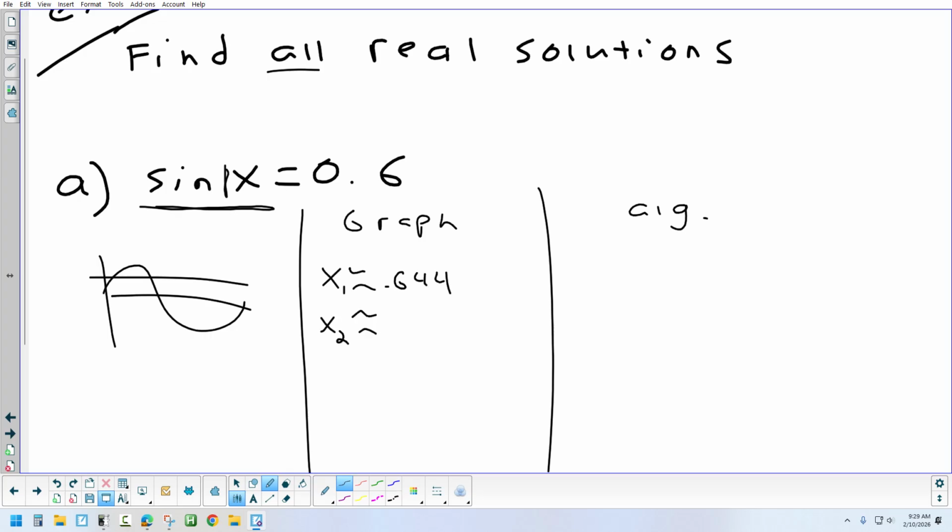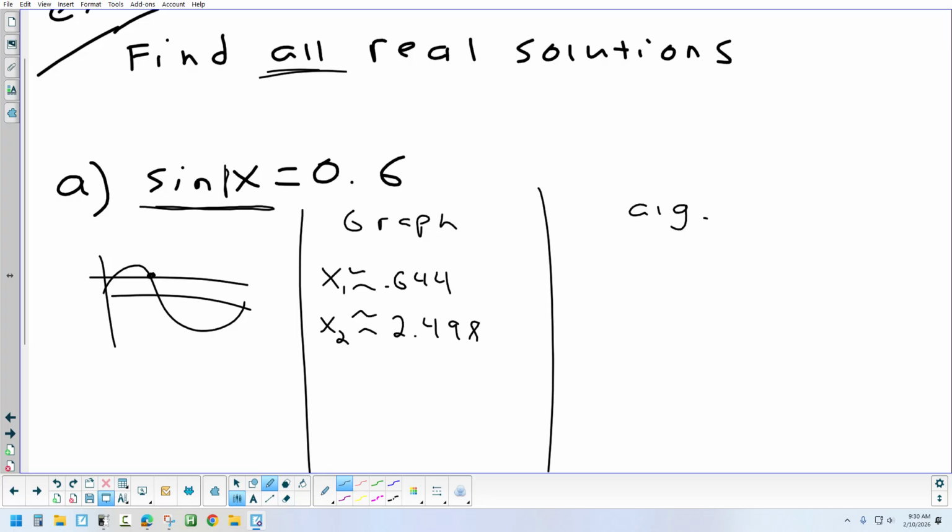Call x1 and x2. And what's the one that was on the right? Yeah. 2.5. Can you give me 3 decimal places? 2.498. 2.498. Okay, perfect.